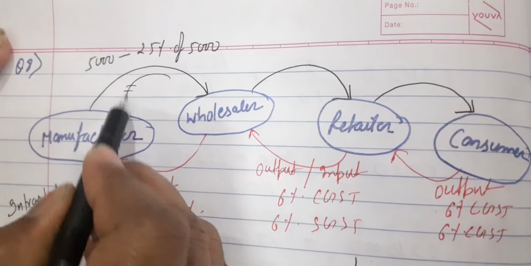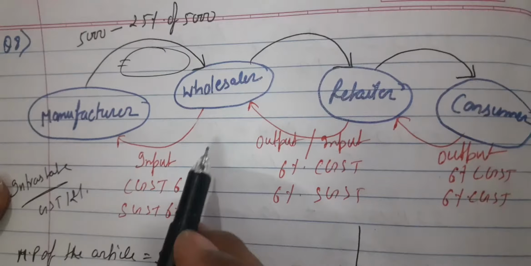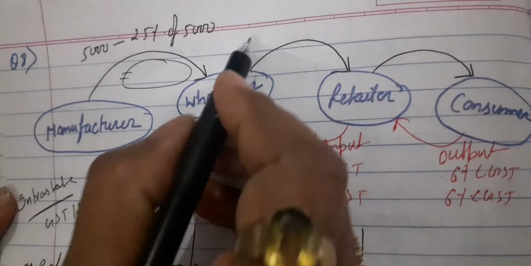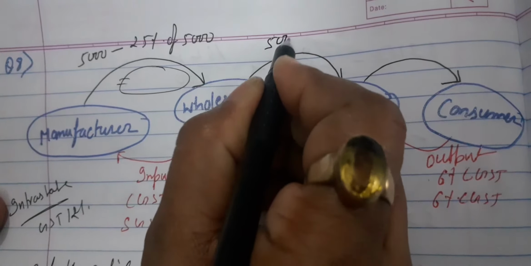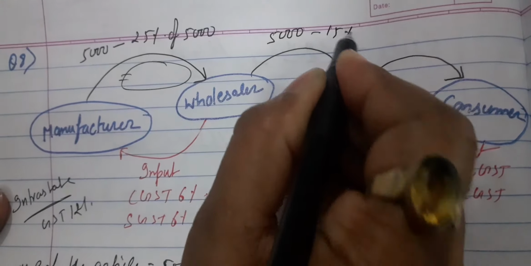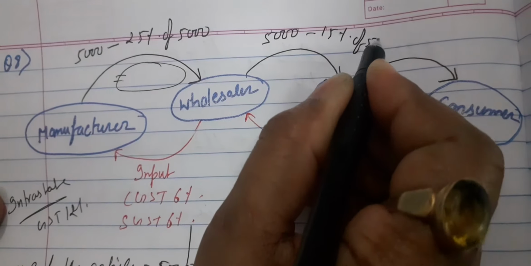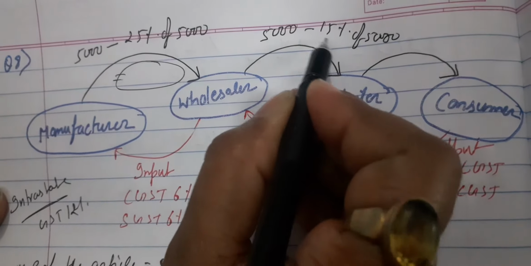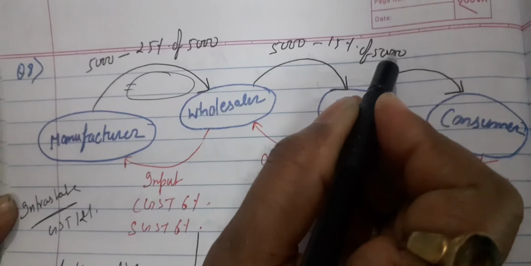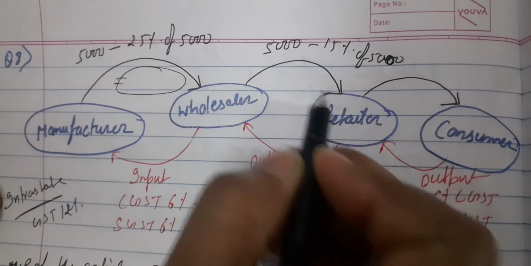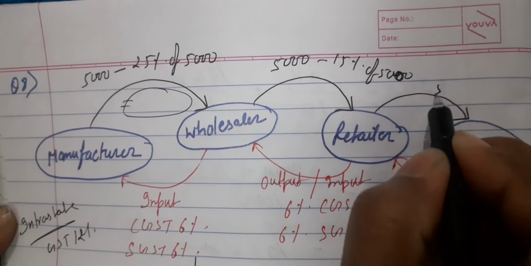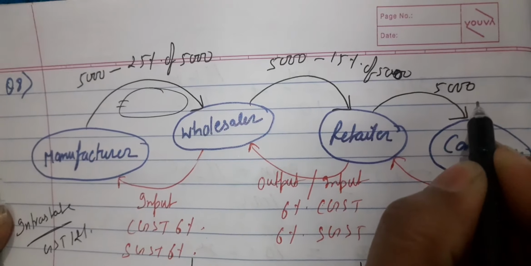We will solve and find out that amount. Then the question says the wholesaler sold it to the retailer, again giving a discount of 15% on mark price. So we will subtract 15% of 5,000 because again it is on mark price, and the retailer sold it to the consumer at the mark price, which is rupees 5,000.